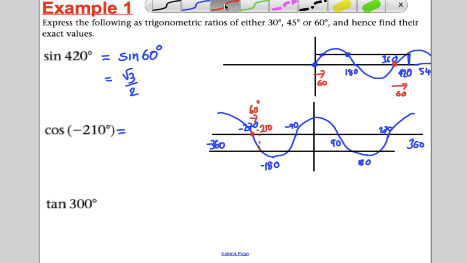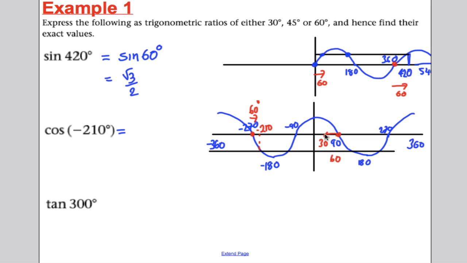Well, just by looking at this, there is no similar value between 0 and 90. But what we can say is we can use some symmetries of the graph. We can say this is 60 away from a root, okay, and it has whatever value here. So if we come 60 away from that root, we go 30.